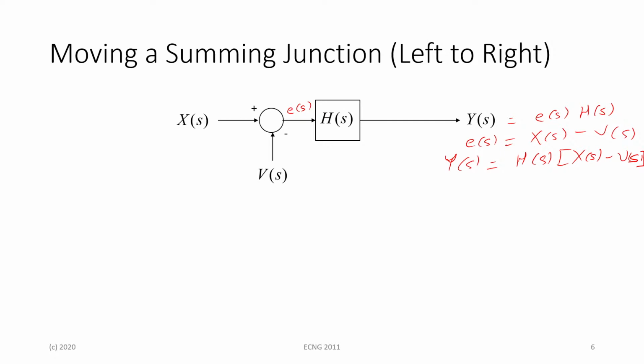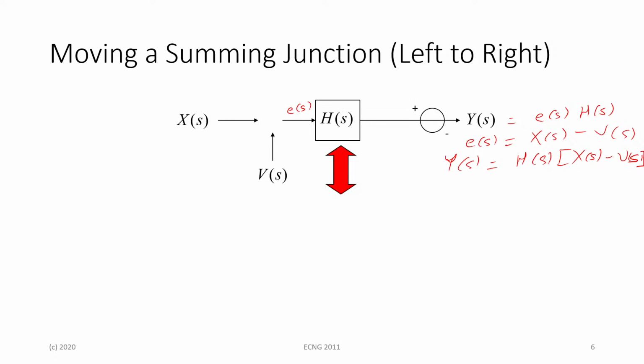E of s is the summation of x of s and v of s because of the summation junction. So we have our y of s equation here before we move the summation junction from the left of h of s to the right of h of s. And we need to maintain this equation after we do this move from left to right.